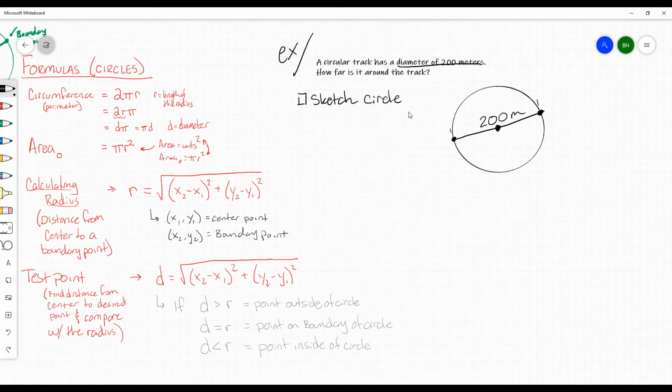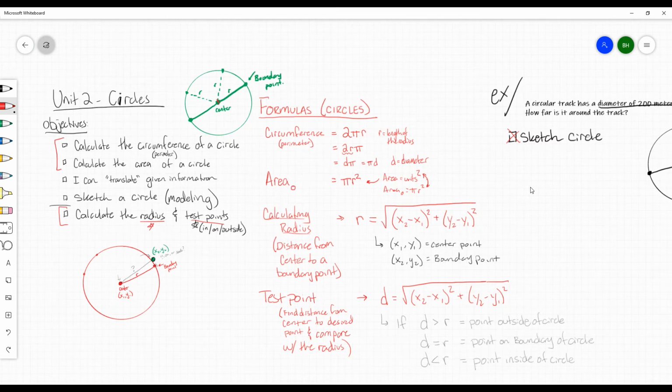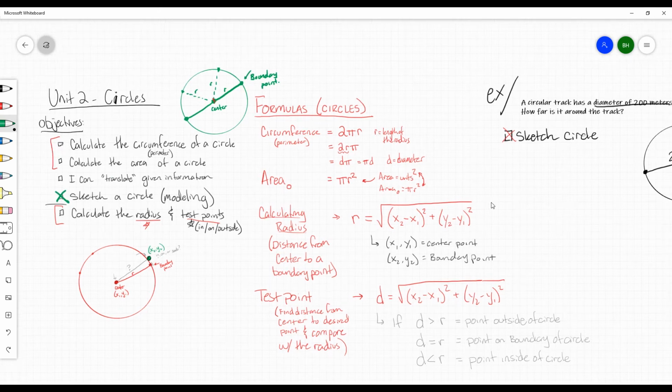Looks kind of like a Pokeball. Okay, 200 meters. And we're going to use this as a basis to move forward. So sketching a circle, I want to put a little X by it because we've done that. And if we look at our objectives today, we can verify that we've looked at this graph and we have sketched a circle.